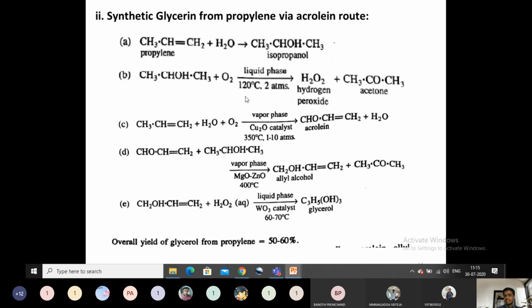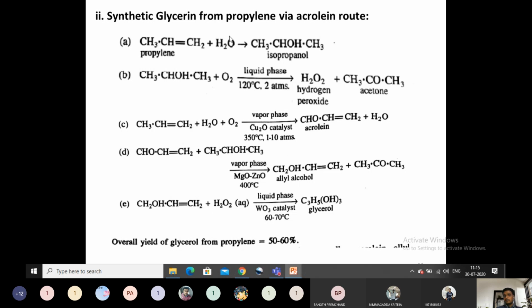Then the next process is synthetic glycerin from polypropylene via the acrolein route. This is the allyl chloride route, and this is the acrolein route. The raw material is the same, polypropylene, a petrochemical compound, which we can use as a raw material for this process also.